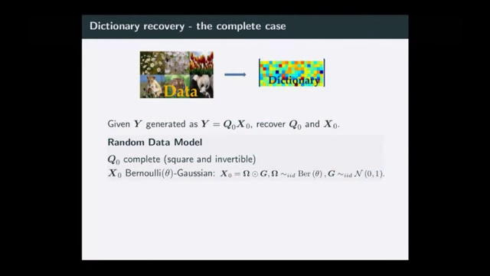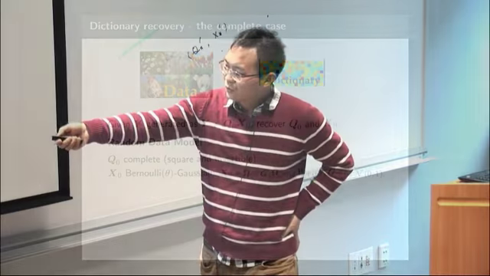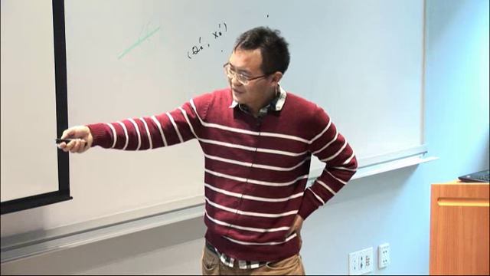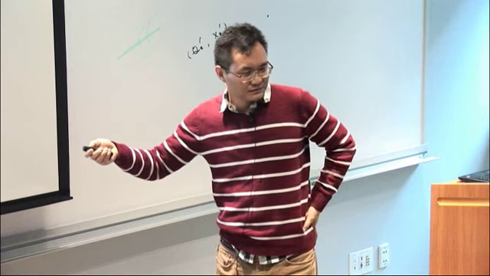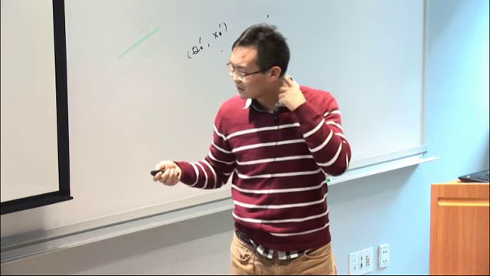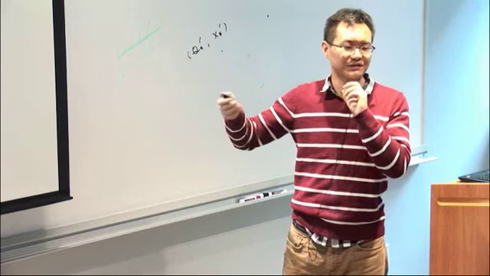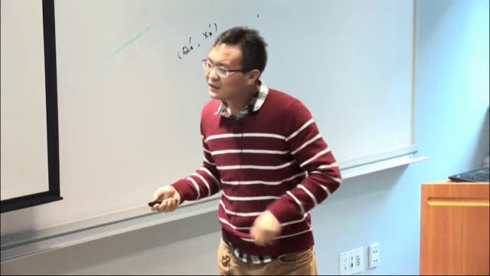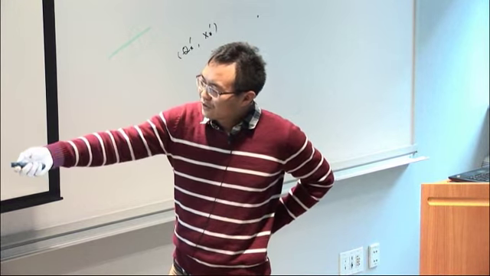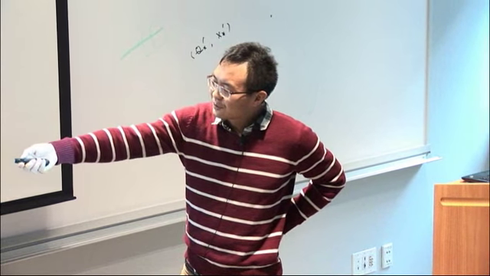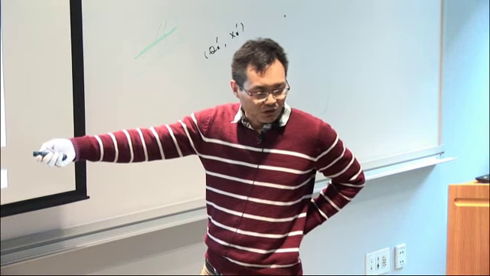The model we study is that we restrict the dictionary to be square and invertible. We call it complete, versus the normal definition of over-complete. And we assume the coefficients follow a Bernoulli-Gaussian law.